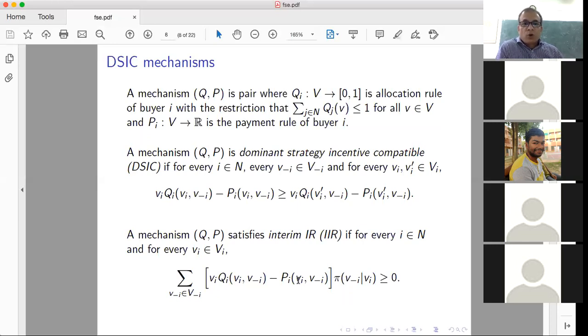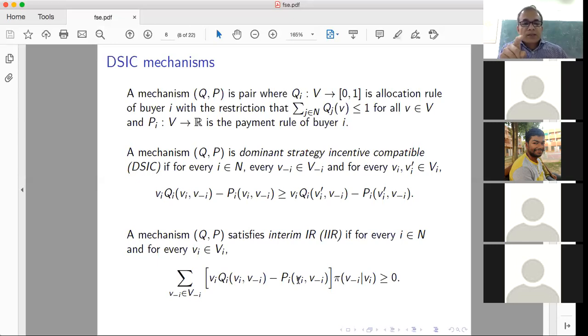Okay, so we all know what these constraints are. I'm going to call a mechanism Q and P in these lectures. This is different from the earlier lectures where I was calling it small f and small p, but I think it's good to change the notation here so that you can independently look at these slides.